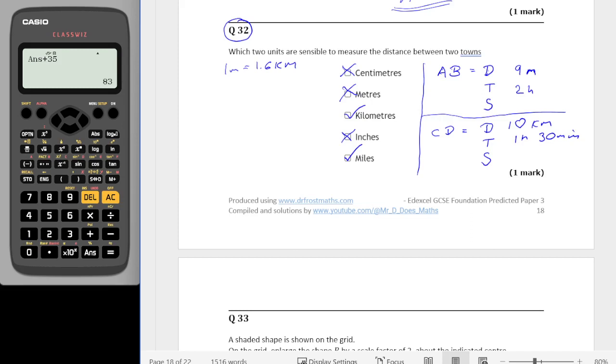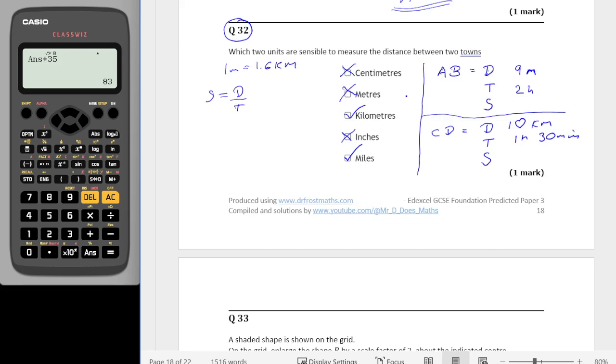So the way that I would approach this, so feel free to pause the video and have a go at this question before I go over it. I just want to make sure you've got the best opportunity in terms of question coverage. So the way that I'm going to do this is I'm going to say that speed is equal to distance divided by time.